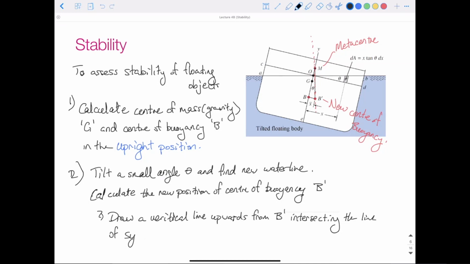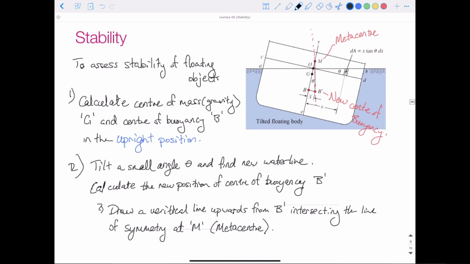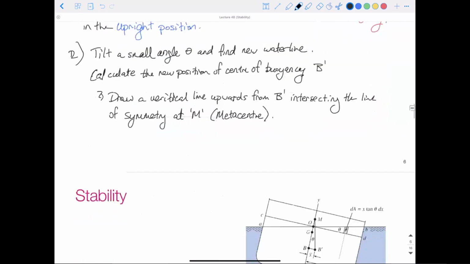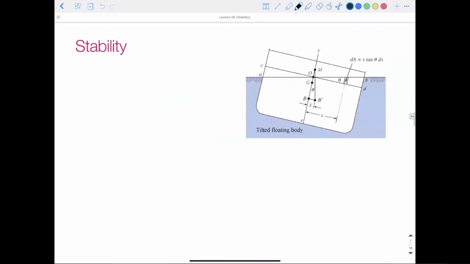Line of symmetry. Okay, so those are the first two steps.